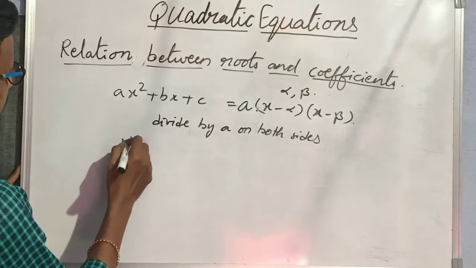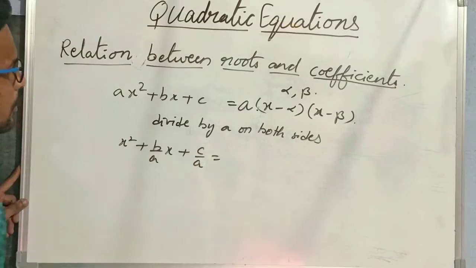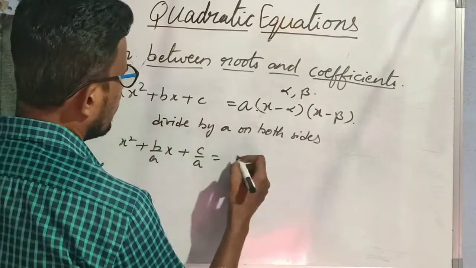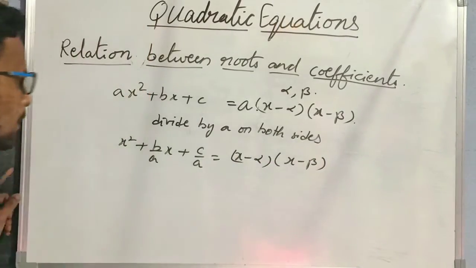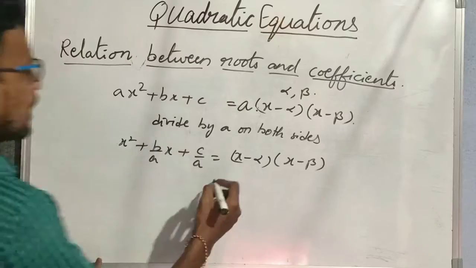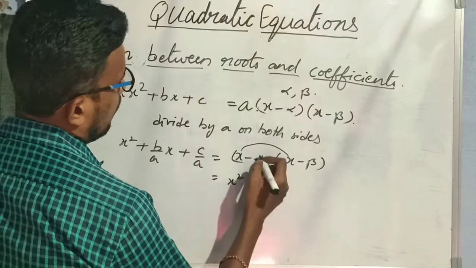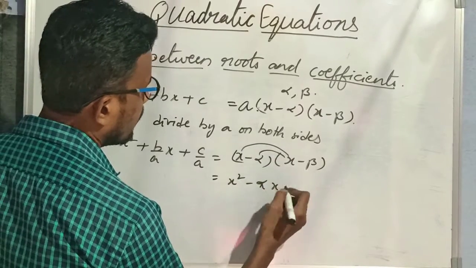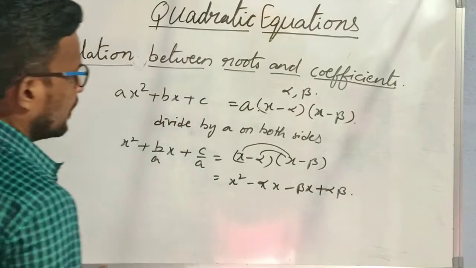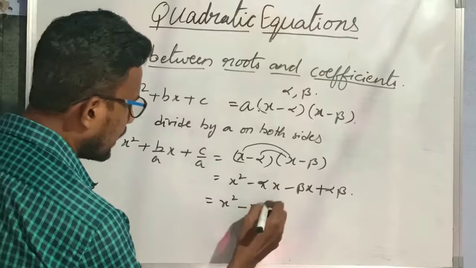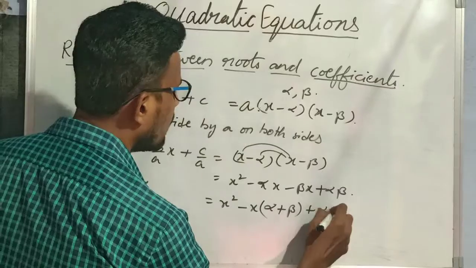Then we will get the equation like this: x square plus b by a into x plus c by a is equal to, okay, a already cancelled, x minus alpha into x minus beta. So now let us multiply x minus alpha into x minus beta. X into x, x square, minus alpha into x, alpha x, minus beta into x, beta x, plus alpha beta. So this is equal to x square minus x common if I take, then I am getting alpha plus beta, plus alpha beta.